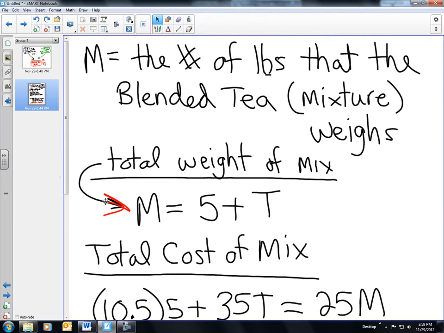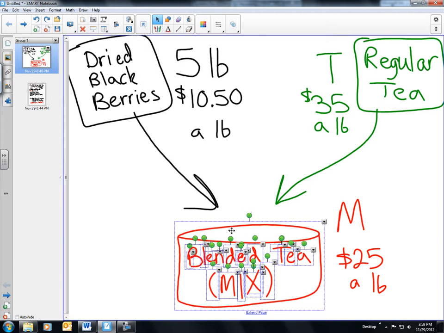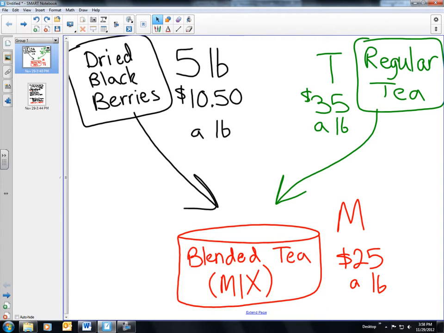And then we can say the total cost of this blended tea mixture, well, it cost us 5 times 10.50 for just the dried blackberries. And then it cost us 35 times T for just the regular tea. So those two things added together are going to equal the total cost of the mixture.